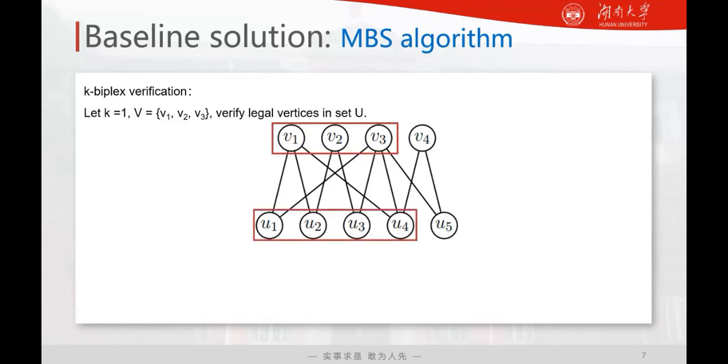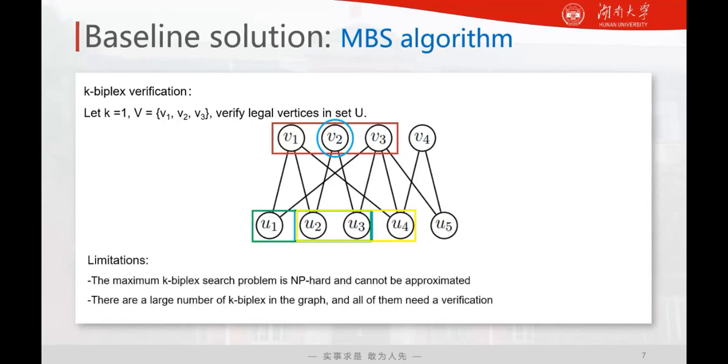The degree of the vertices in UC satisfies the k-biplex condition, but the degree of V2 is less than 3, so we need to enumerate the k-biplex containing V2 in UC. Then we can get the 2k-biplex, that is V1 to V3 with U1 to U3 and U2 to U4.